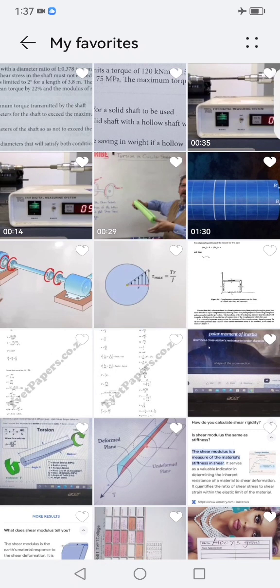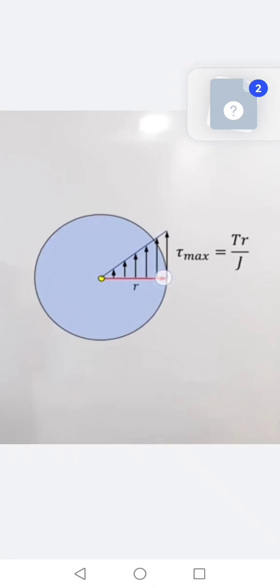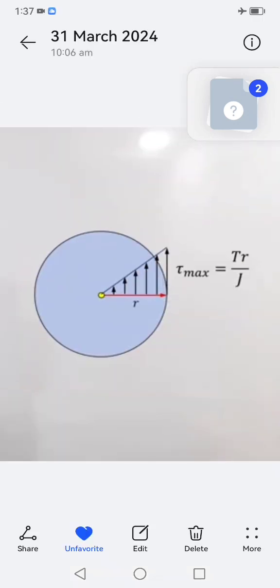We know that the shear stress at the outer diameter will be big, somewhere here. This line from here to there represents the magnitude of the shear stress. The shear stress as well must be limited so that our shaft won't fail.